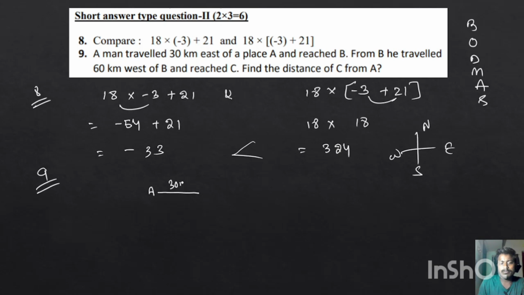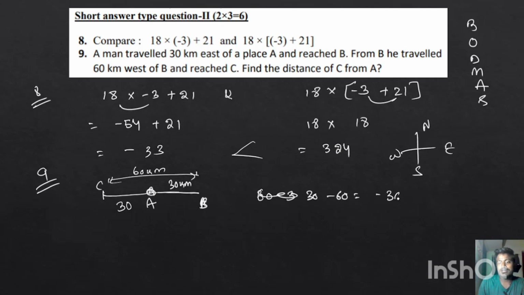He travels 30 km east from place A to B. Then from B he travels 60 km west and reaches C. Now find the distance of C from A. How to solve? 60 minus 30, here is 30 km.